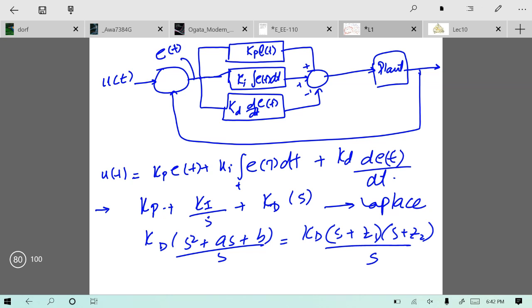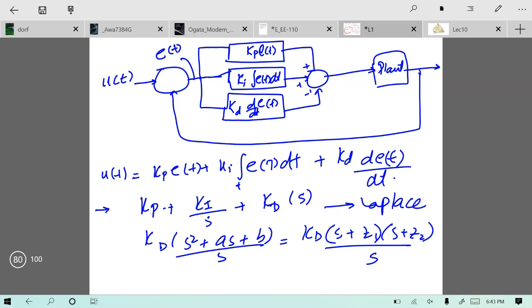I have taken Kd as a constant out, so the terms would be Ki over Kd, and at this point the constant will be Kp over Kd. So you can take a constant outside and you can have this expression.